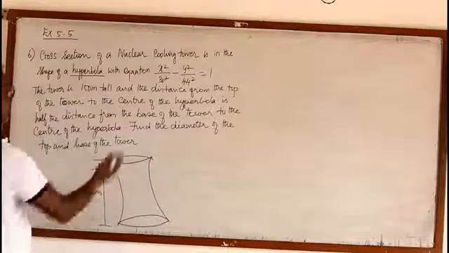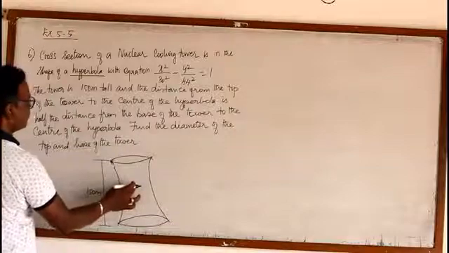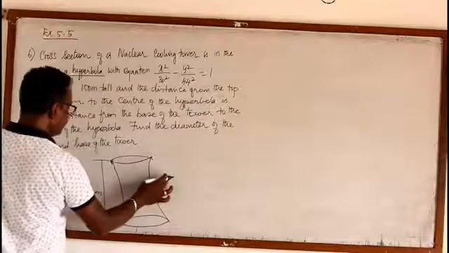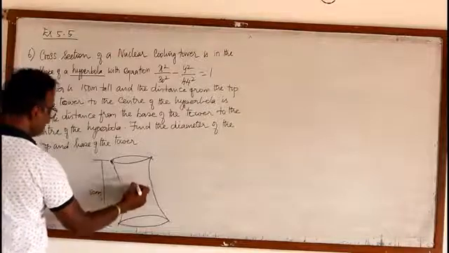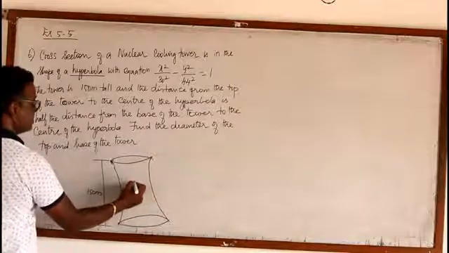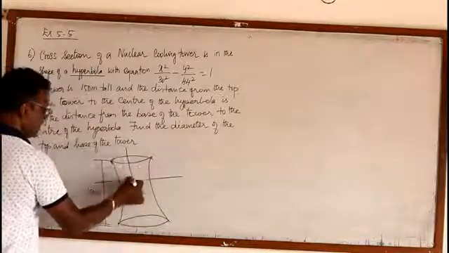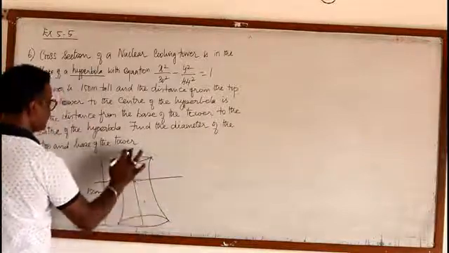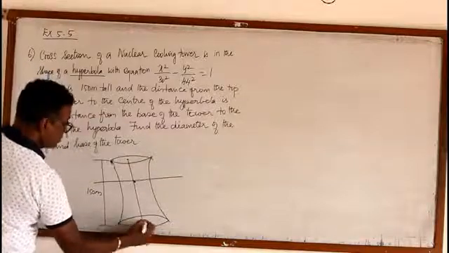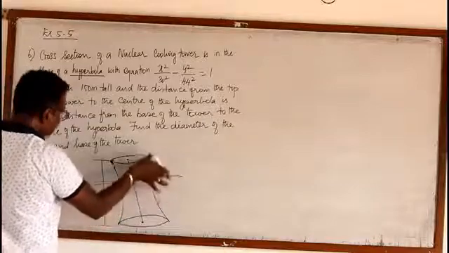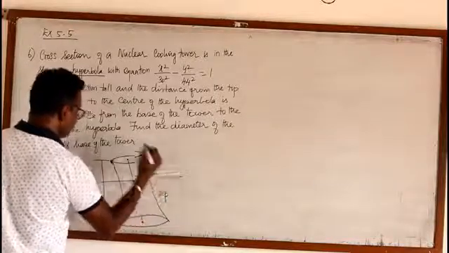Now they say the distance from the top of the tower to the center of the hyperbola is half the distance. So this is half when it is compared with this one. That is, the center is not lying exactly at the center of this, maybe somewhere here. So this is the center, and if I take this point as the height, this is half of this, that is, if I take this one as 2p, then this is p.